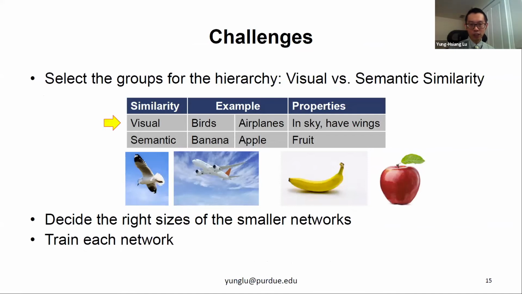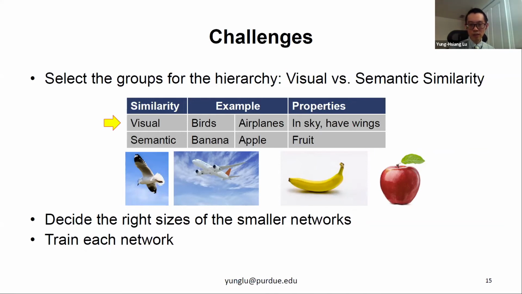But there are many challenges. First, we have to decide how to group them. In the earlier example, I used car and truck as one group and dog and cat as another. But we have to consider what we actually do when we want to group the data. We consider several methods. One method is called visual similarity. Another method is called semantic similarity.